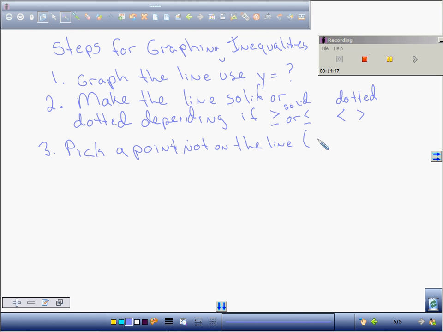And the best one is like 0, 0, if it's not on the line. If 0, 0 is on the line, then you don't pick that point. Okay? And plug it into the inequality.